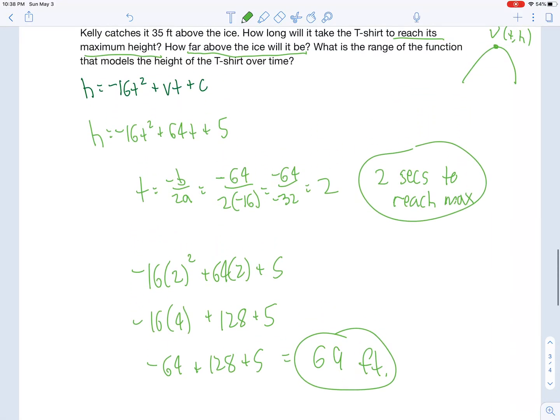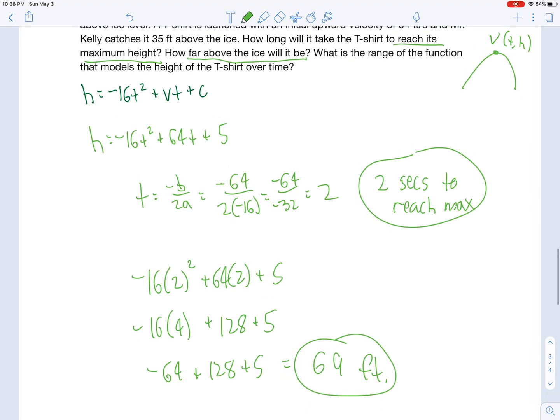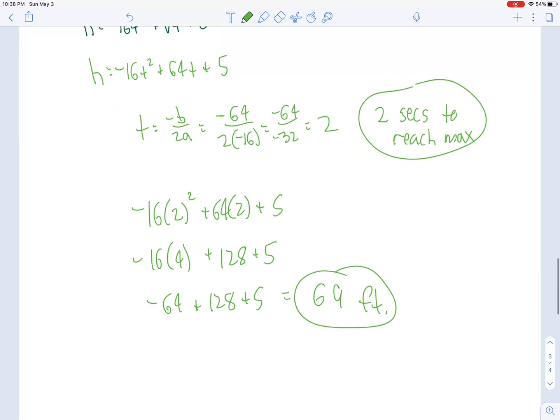So if it's 69 feet above the ground, there's actually one more question here to answer. What's the range of your function? We know that the 5 was the closest it's going to be to the ice when I launch it. It ends up at 69 feet above the ice, so you're limited between those two values. That's what we can answer for a range.